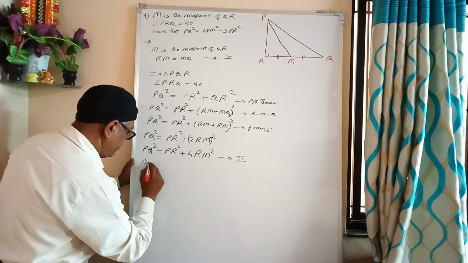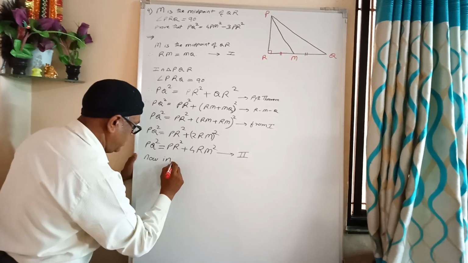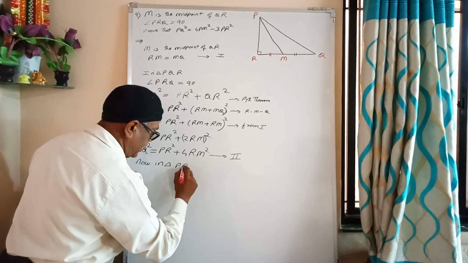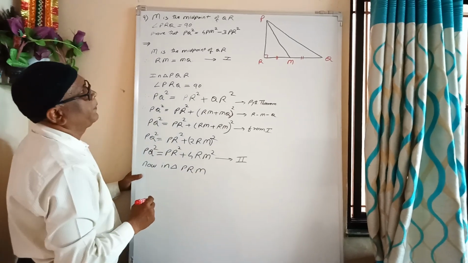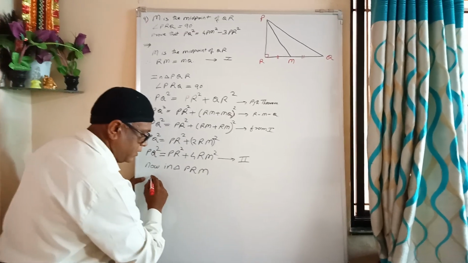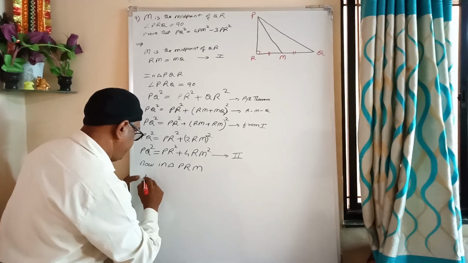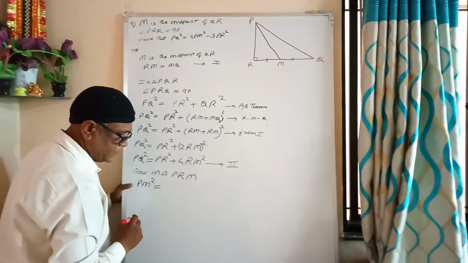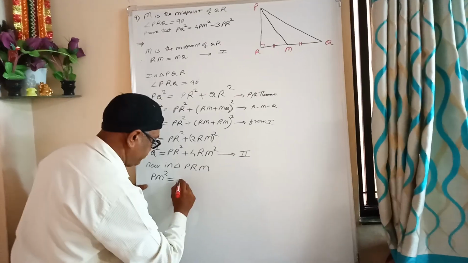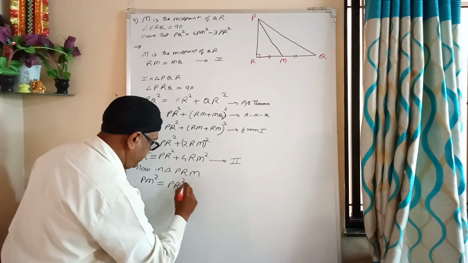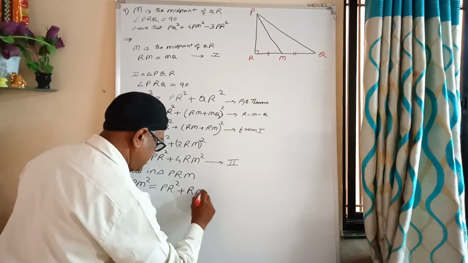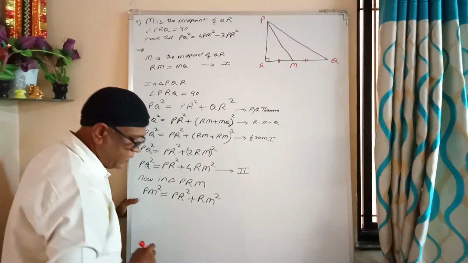Now, in triangle PRM, PM square is equal to PR square plus RM square.